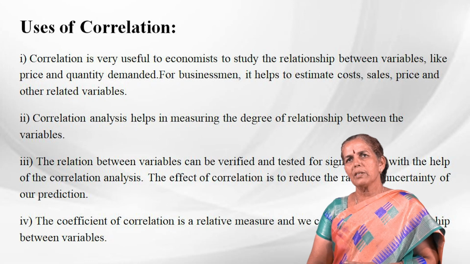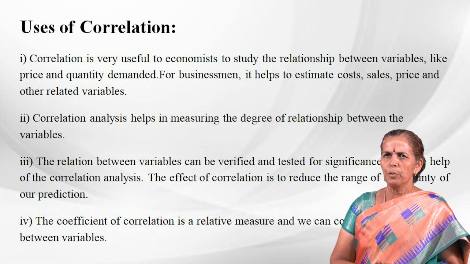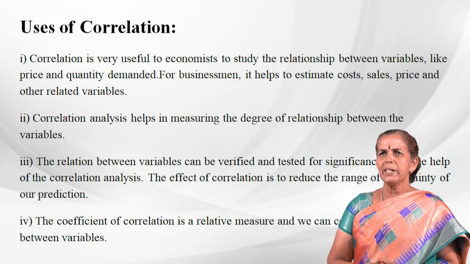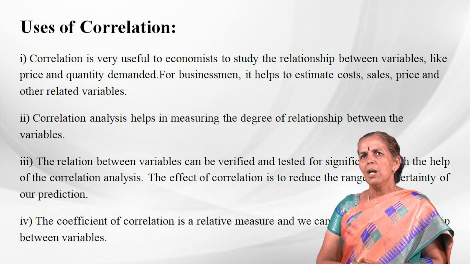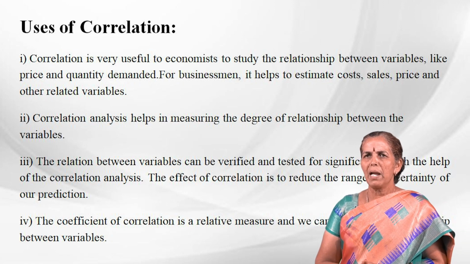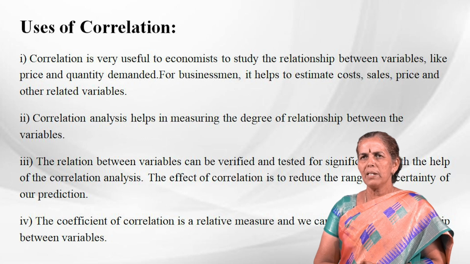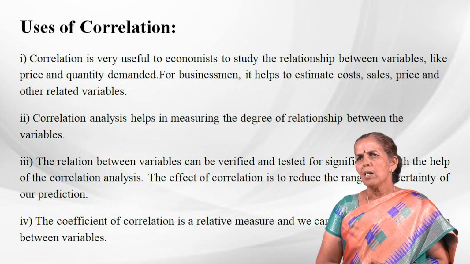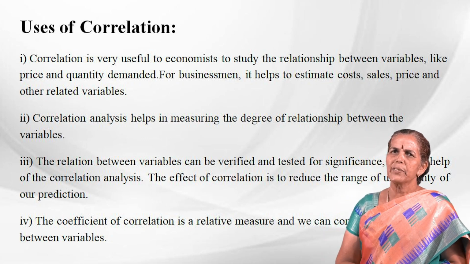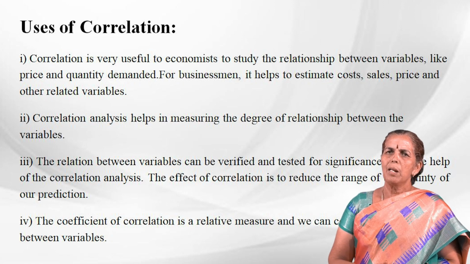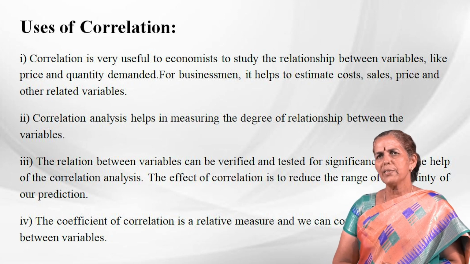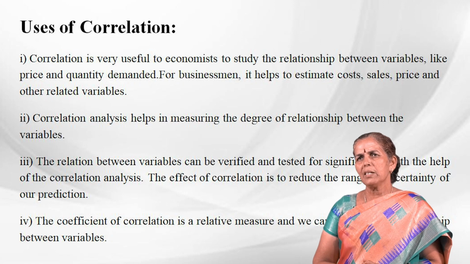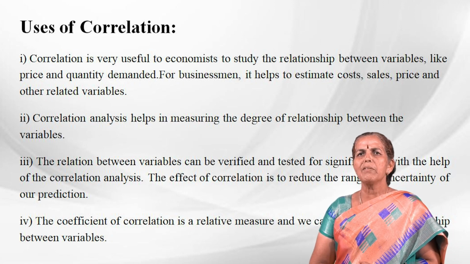Uses of correlation. Number 1, correlation is very useful to economists to study the relationship between variables like price and quantity demanded. For businessmen, it helps to estimate cost, sales, price and other related variables. Number 2, correlation analysis helps in measuring the degree of relationship between the variables.